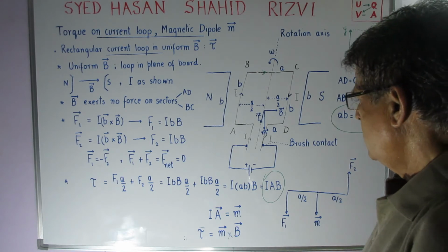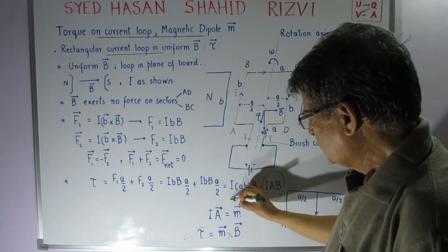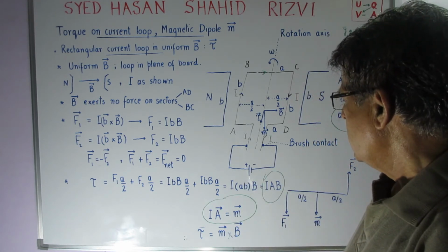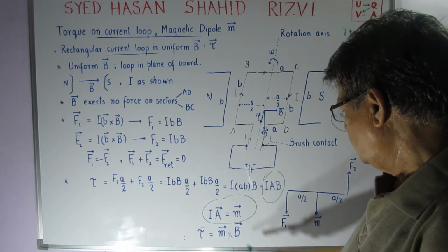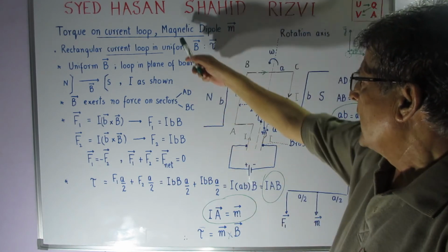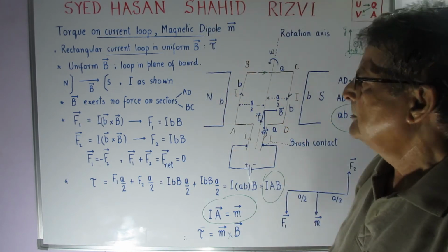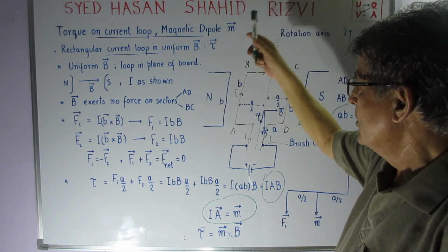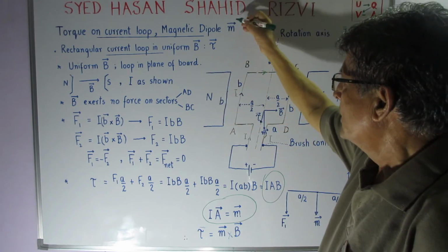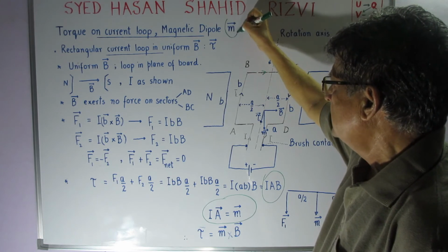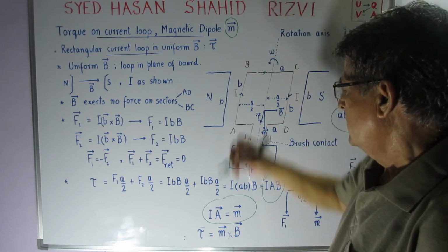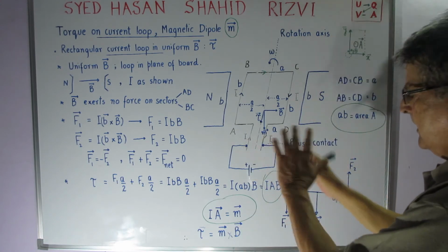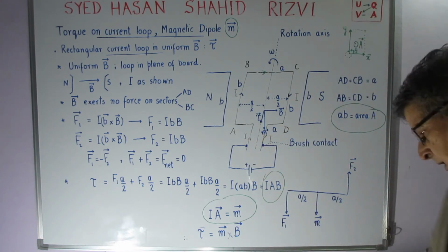Okay friends, so there is a definition: IA is equal to vector M, which we call the magnetic dipole moment vector M. So this is the definition, and now we will tilt it a bit.